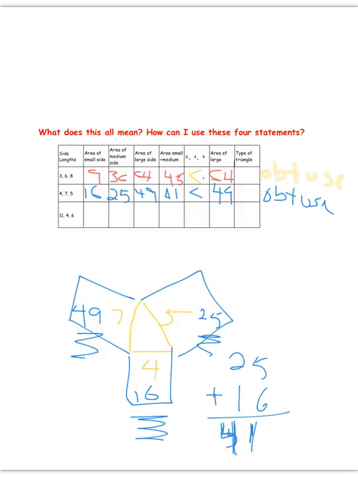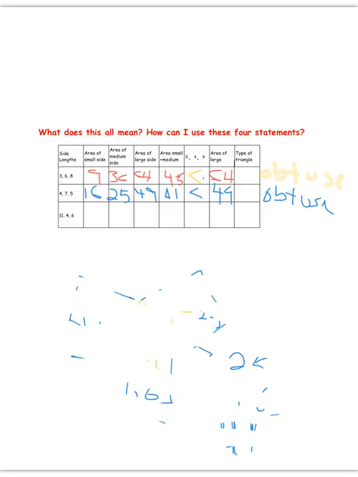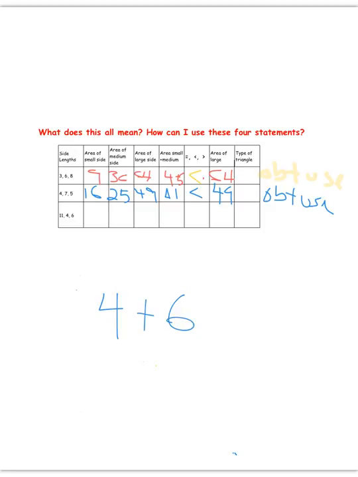Lastly, this last triangle here, if I take a look, I realize something about this triangle. The side lengths of 4 and 6 add up to less than 11.